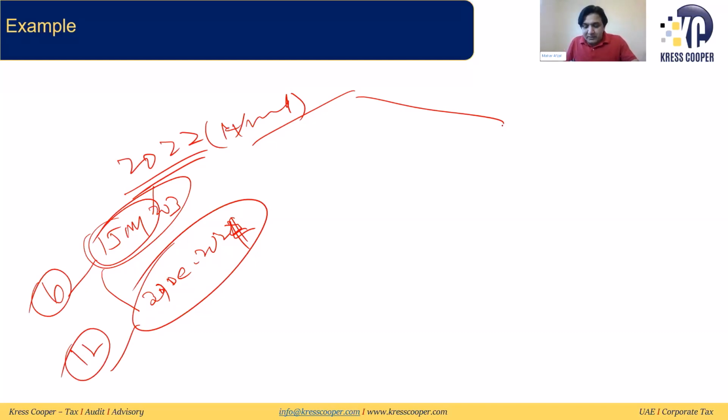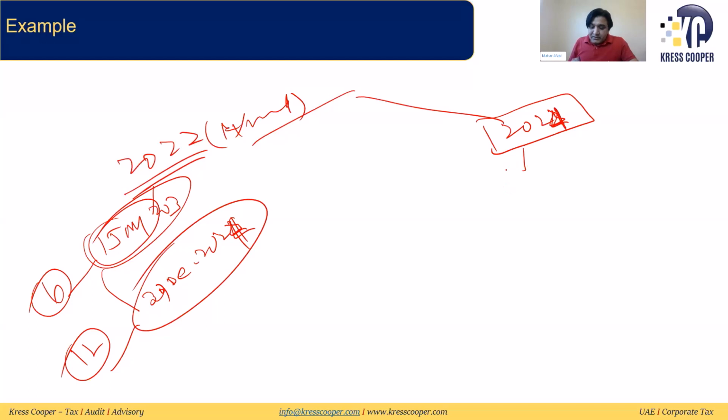Now, if they have crossed the threshold in 2024, in any period, assuming they crossed the threshold in January, February, March, April, May, December, it doesn't matter, the rule says the first tax period starting after the end of the calendar year.